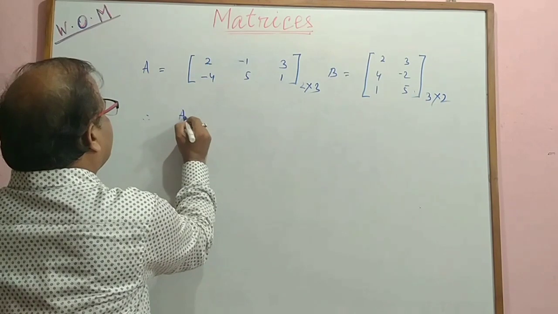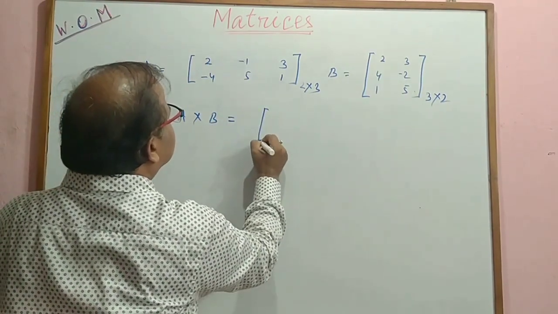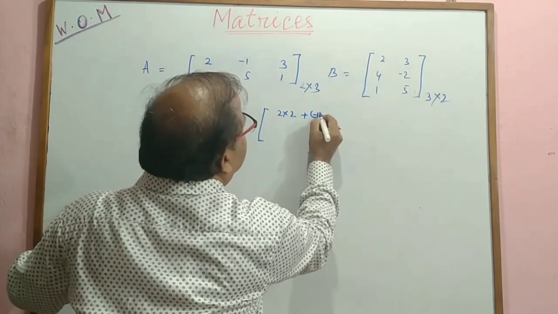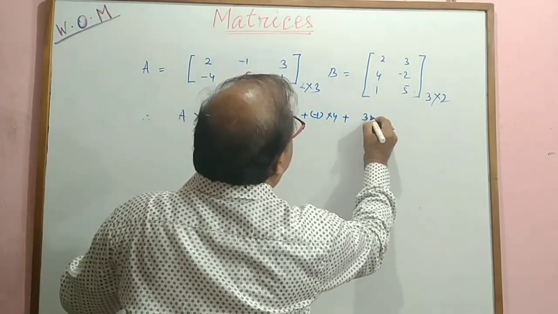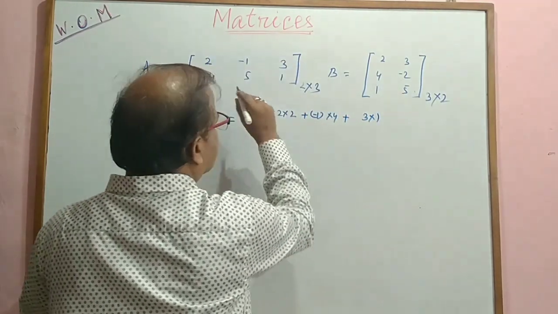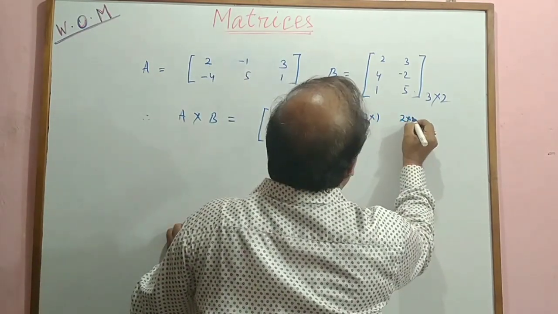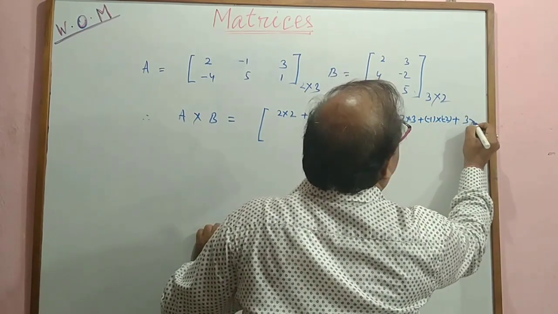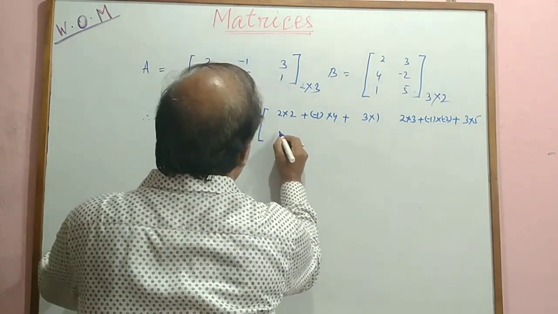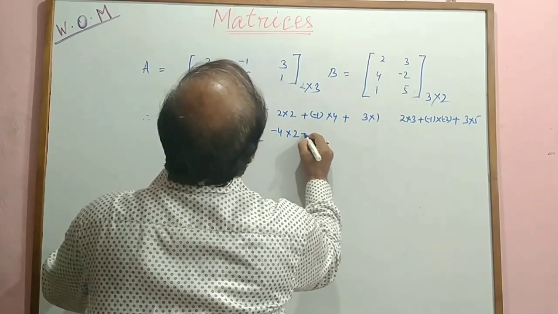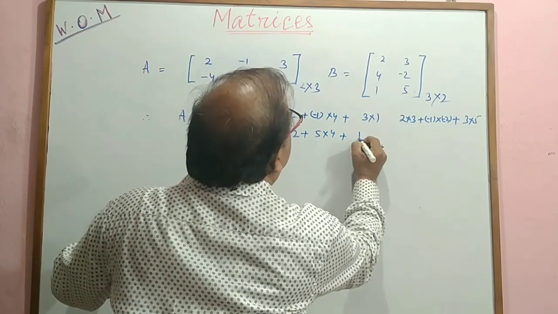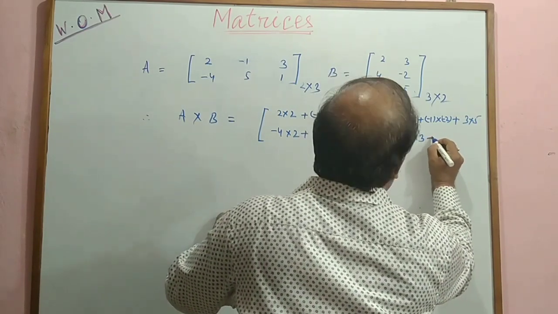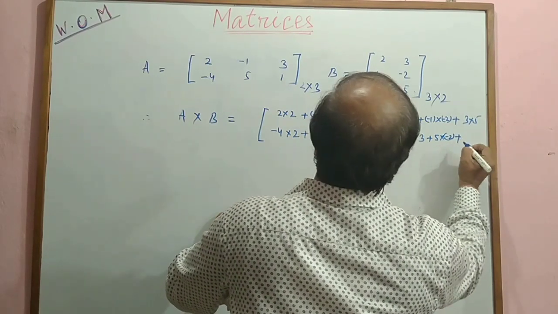Therefore, AB = [2 into 2 plus minus 1 into 4 plus 3 into 1, 2 into 3 plus minus 1 into minus 2 plus 3 into 5; minus 4 into 2 plus 5 into 4 plus 1 into 1, minus 4 into 3 plus 5 into minus 2 plus 1 into 5].